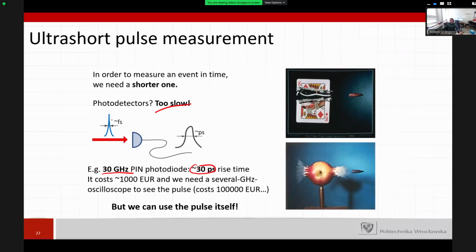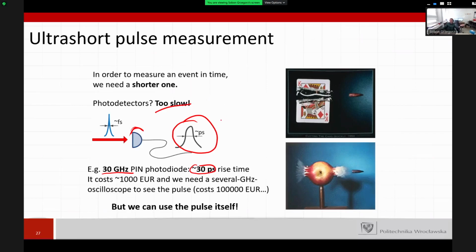So if we take a femtosecond pulse and shine it on the photodiode, and we read out the signal, this will translate into a picosecond response of the detector. So we cannot use photodetectors to measure such short pulses.